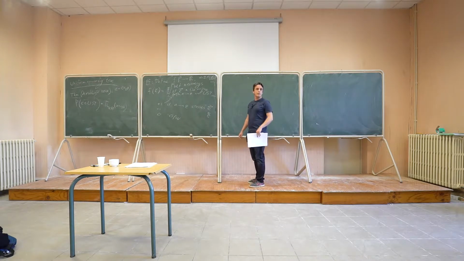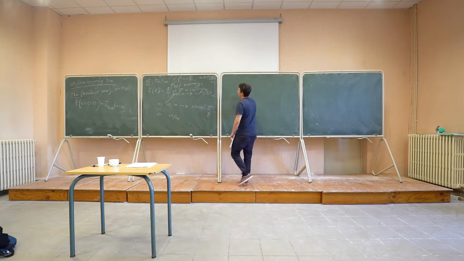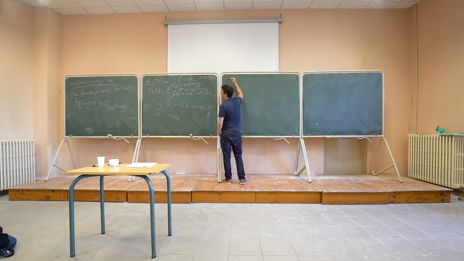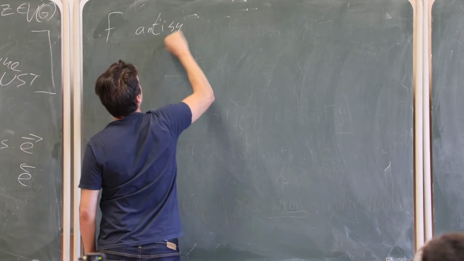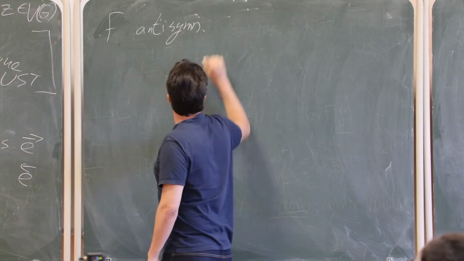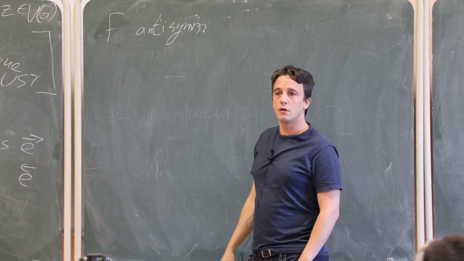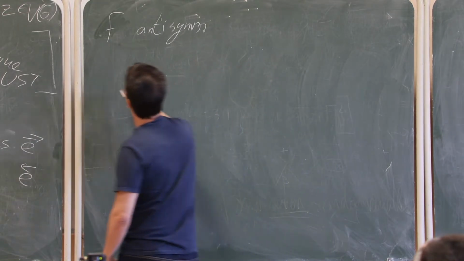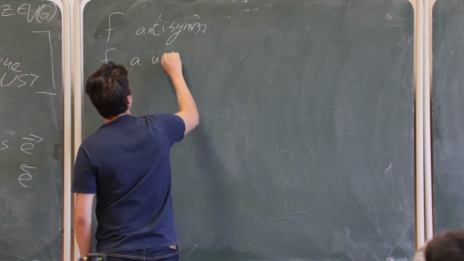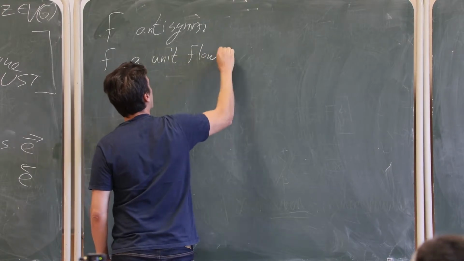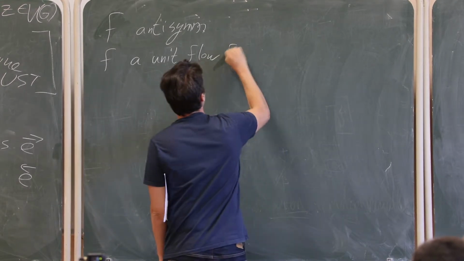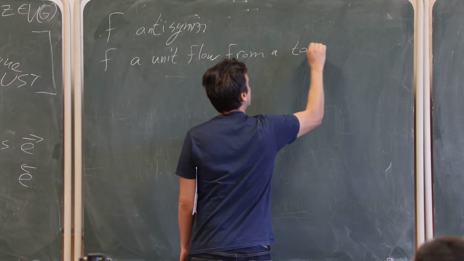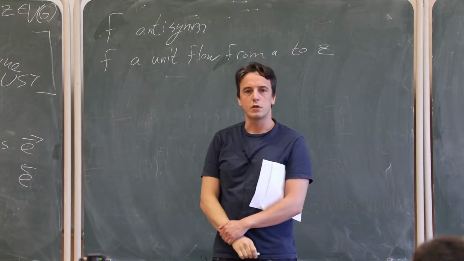And let's observe some basic properties of this function. So what I will claim is, firstly, notice that f is antisymmetric. Right? And secondly, f is a unit flow. Right? Because for each vertex, it is a unit flow from A to Z. And what is the reason for that?